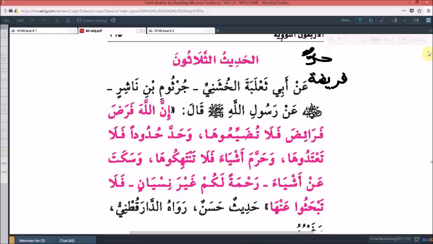Well, I mean, we can look up a word. Your English vocabulary at that point needs to become a lot stronger than mine is. Hadda is to set boundaries, to put restrictions on, to delineate. So he delineated boundaries.